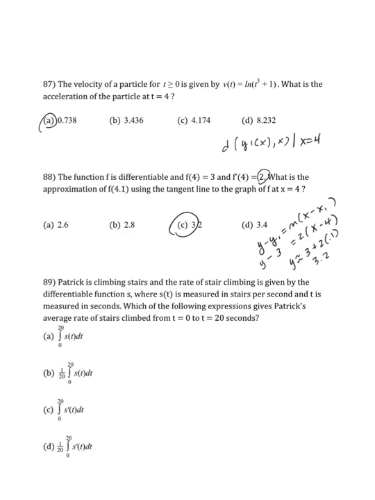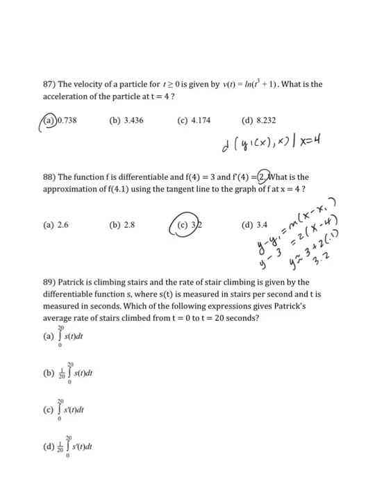89. Patrick is climbing stairs, and the rate of stair climbing is given by the differentiable function s, where s of t is measured in stairs per second. T is measured in seconds. Which of the following expressions gives Patrick's average rate of stairs climbed from time 0 to 20 seconds?